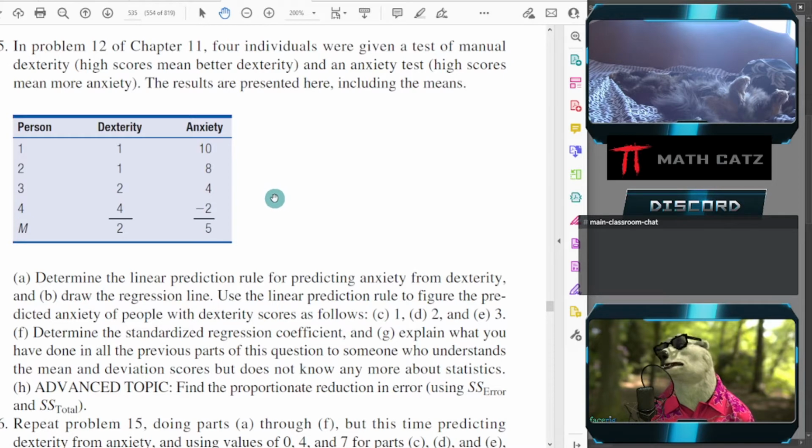We want to establish a linear prediction rule to predict one score from the other, in this case, predict anxiety from dexterity. So given the dexterity score, what is the predicted anxiety score that would be associated with that?